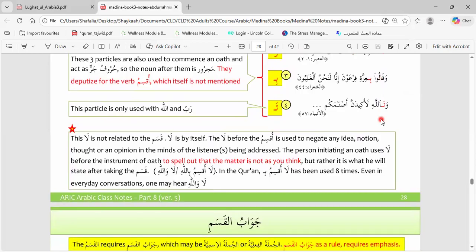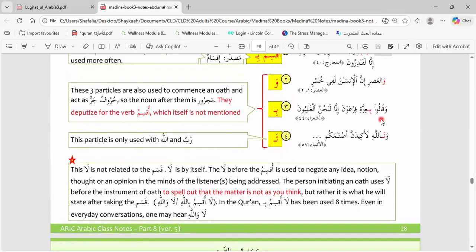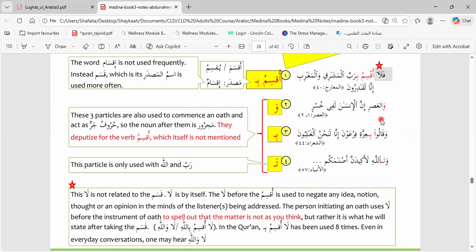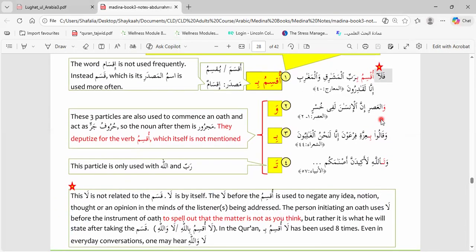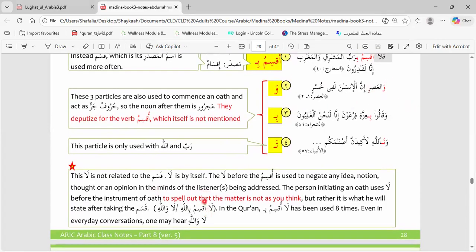Note this line is not related to qasam, to the la qasam. Here it's talking about the particle la. It's used to negate an idea or a notion.